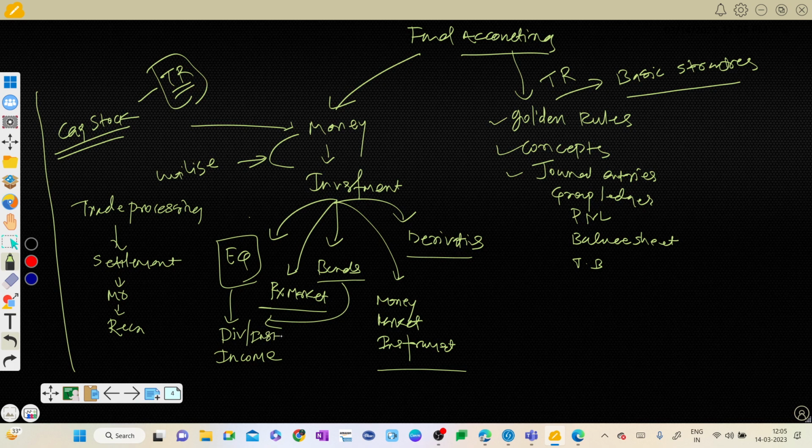Then your interest or dividend team comes into the picture, and the trade processing or settlement team comes into the picture. When we say cap stock, it means subscription and redemption activities or transfer agent business activities come into the picture automatically. When we say money, which is directly related to the cash component, it means the cash management team comes into the picture.